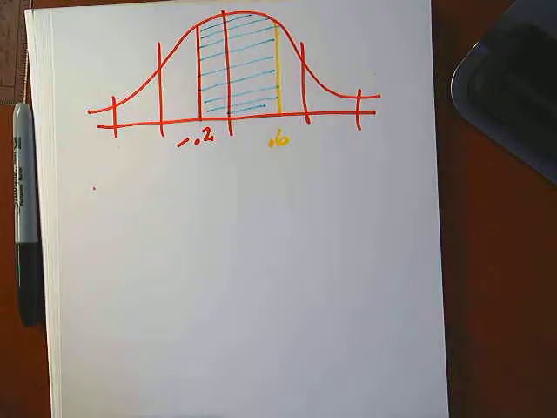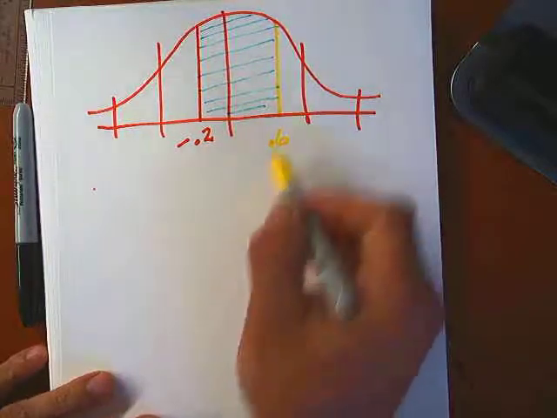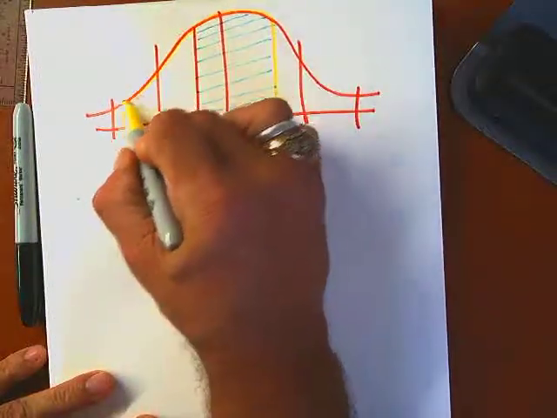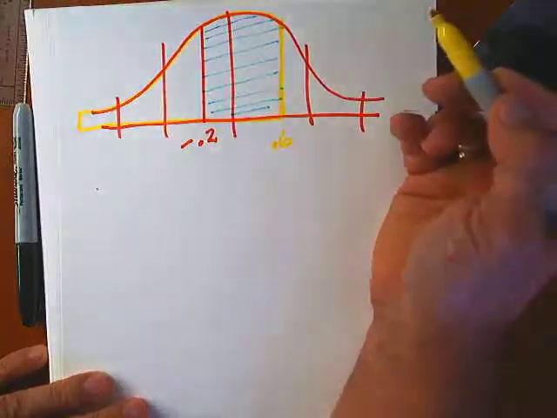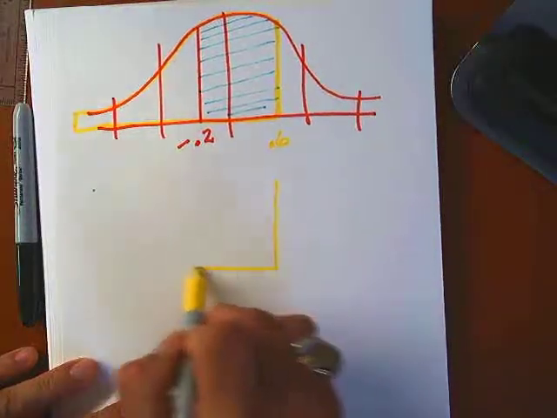Okay, all right, -0.2 and 0.6. So they want this area right in here.